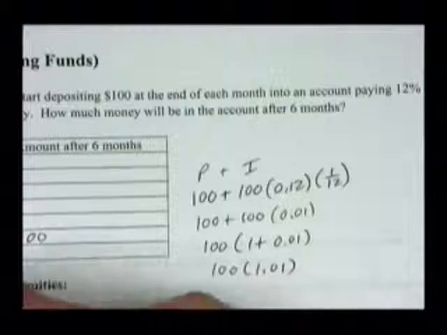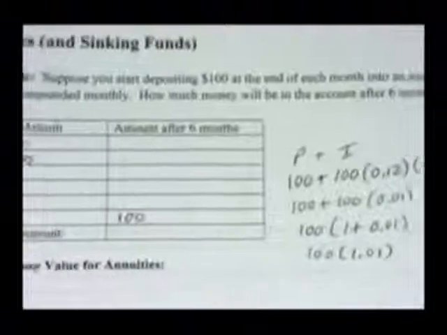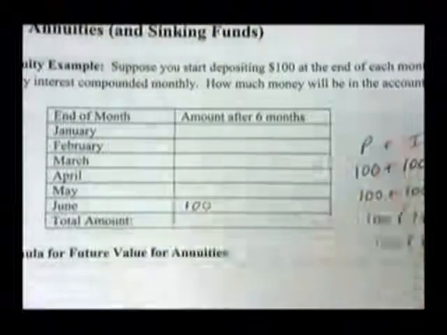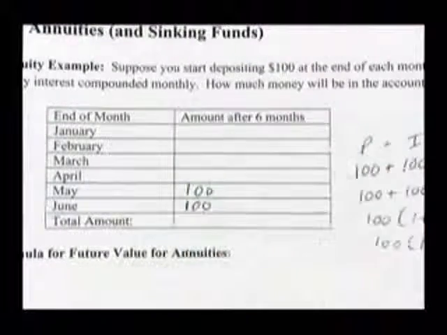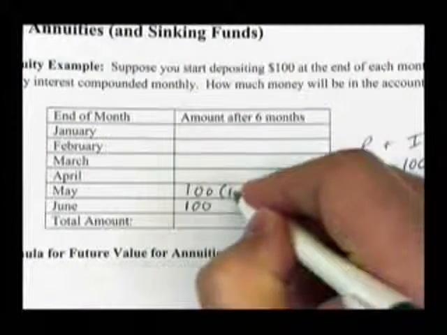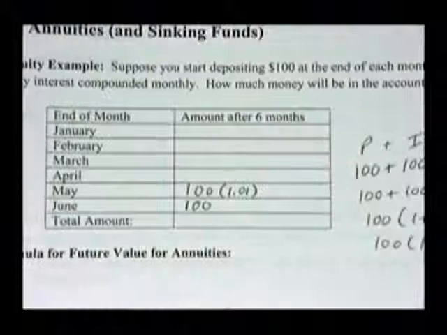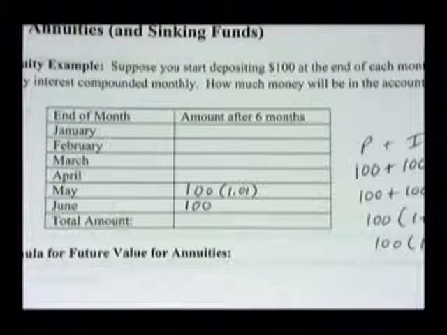So my amount for May is that I've got that $100, and it's accrued some interest, and when I multiply it by 1.01, I figure out how much it is.